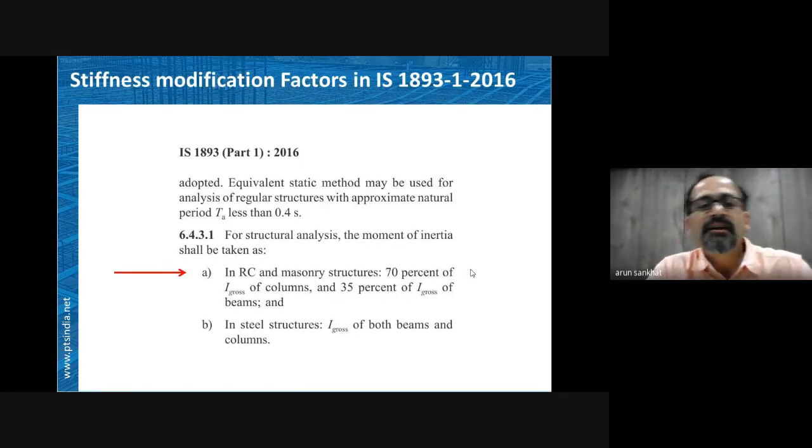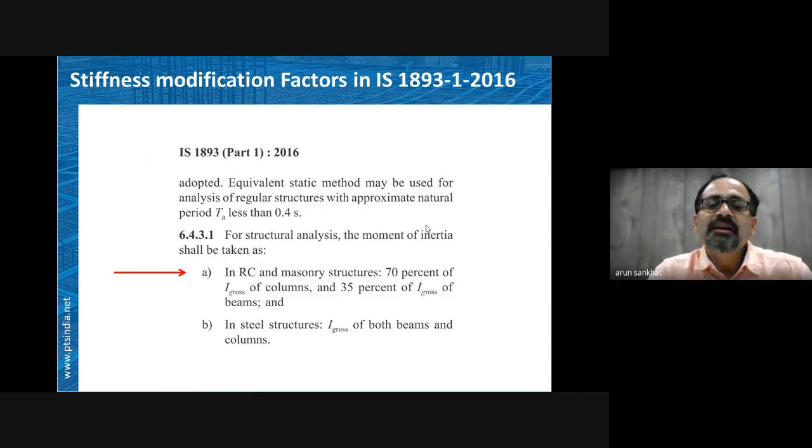There is a criterion in IS 1893 Part 1, our Indian Standard Code, wherein there is a provision for a fraction of the moment of inertia: in RC and masonry structures, 70% of I gross, where I is the moment of inertia and I gross is the gross moment of inertia of a column, and 35% of I gross of beams shall be considered.